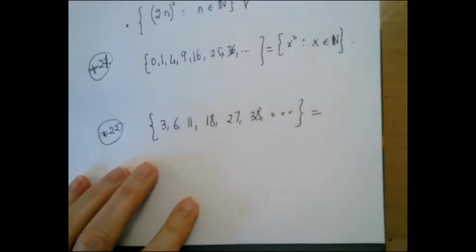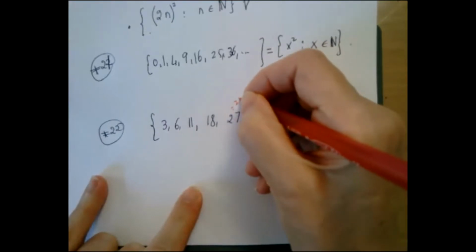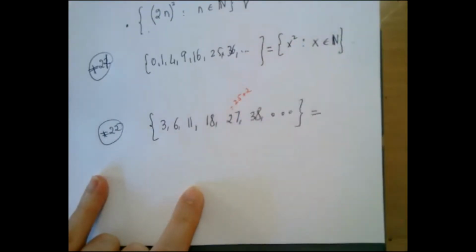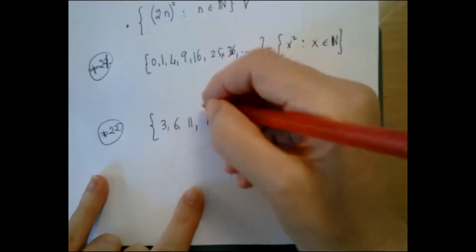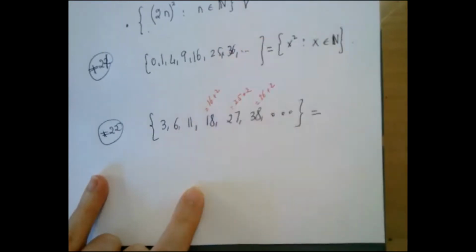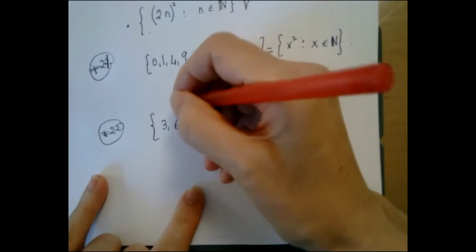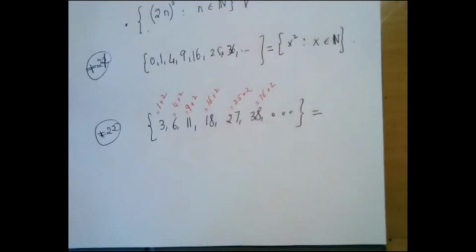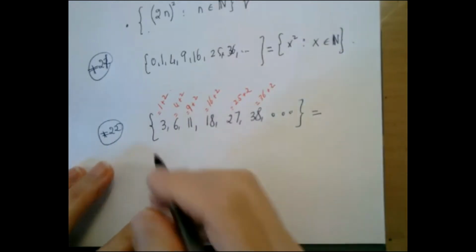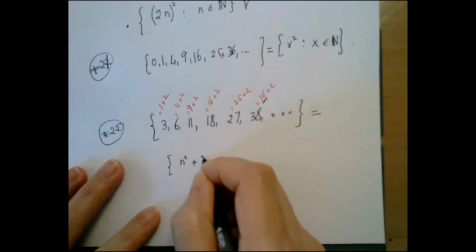Exactly. This is going to be a little bit tricky because you have to notice what's happening here. The 27 is 25 plus 2. 18 is 16 plus 2. 11 is 9 plus 2. 6 is 4 plus 2. And 3 is 1 plus 2. Now the pattern is, as your classmate said, absolutely correct. It's a perfect square plus 2.